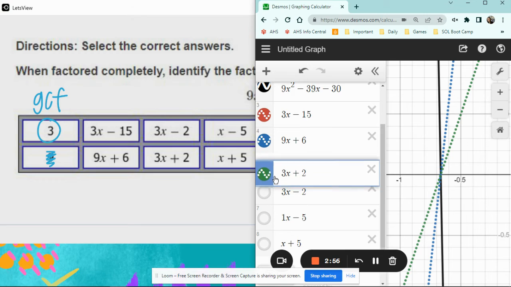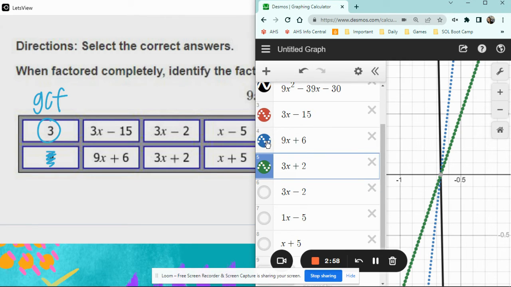So the trick for these, if I'm looking at my 9x plus 6, 3x plus 2, you want to pick the answer choice that has the smallest numbers. That's the when in doubt, always use that trick. Which of these has smaller numbers? That's going to be this green one right here, 3 and 2.